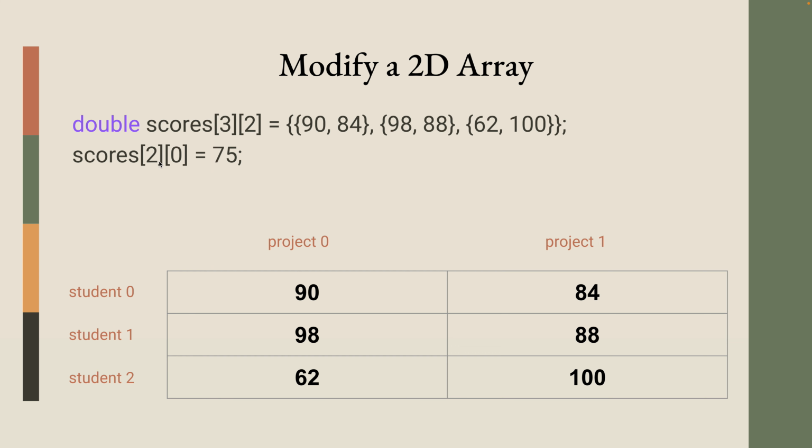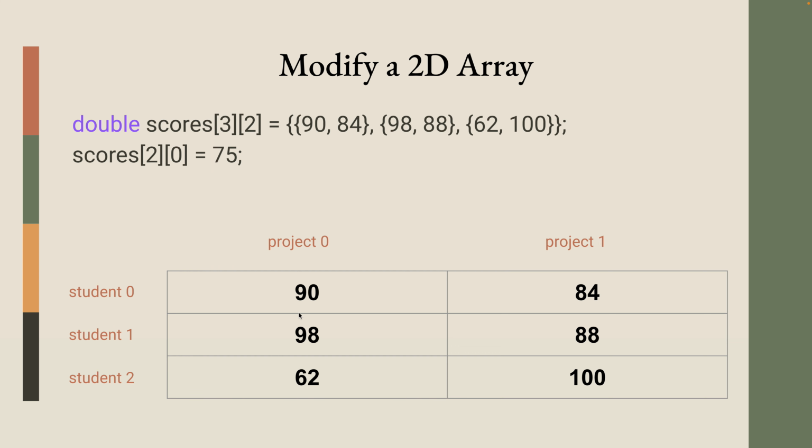And if we wanted to say scores of 2, 0 equals 75, what's going to change here? Is that 62? You're going to change it to 75? Okay, how did we get 62? Because you go to the student 2, like row 2 here. Okay, and then you go to the 0.